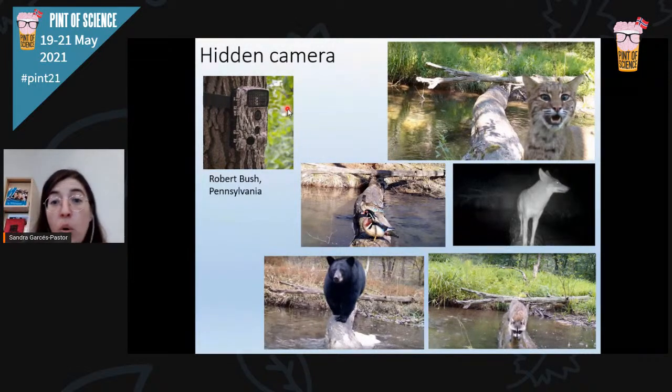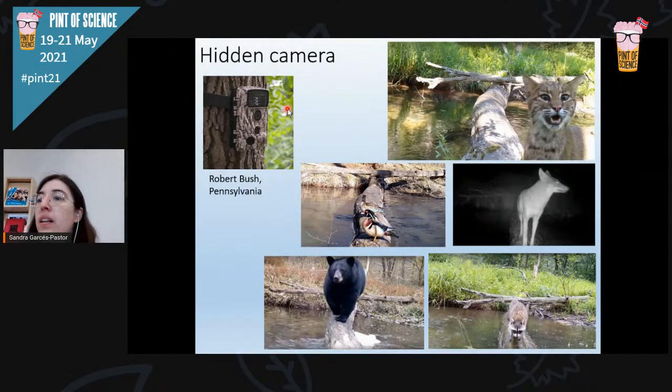And this is cool, but sometimes you only find one scenario, one visualization of one animal, for example, this bobcat. And it's very nice to know that this animal is living in the territory, but it's also nice to know what they feed on, how many are there, and to apply proper ecological measures to preserve them. But there's another way.